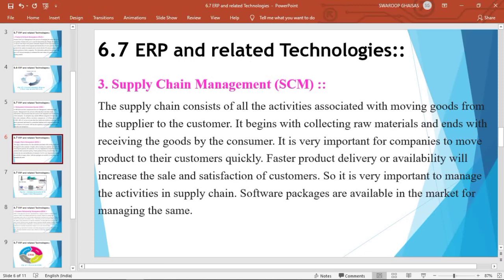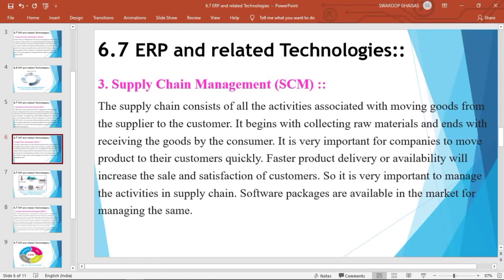Once they place an order, they are waiting for that product, so it is the supplier's responsibility to deliver the product on time. Faster delivery and availability of the product can increase your sales, and your customers will be satisfied.